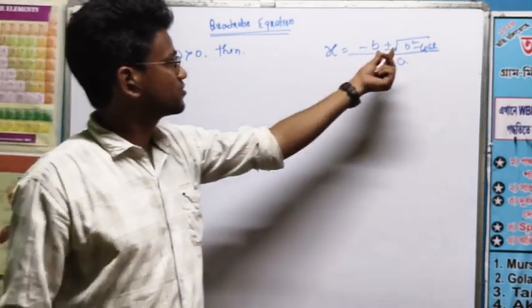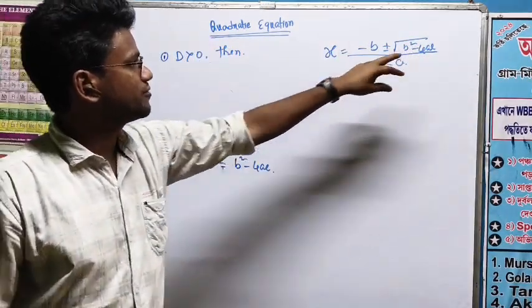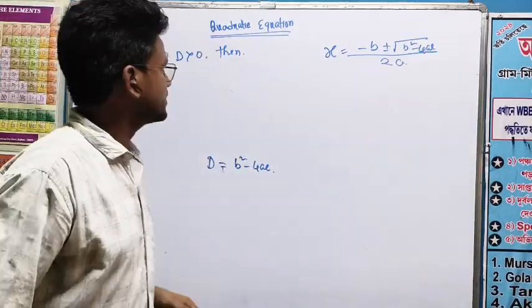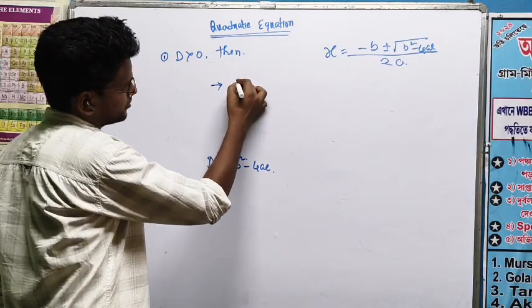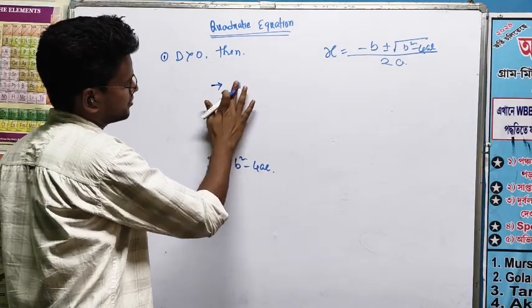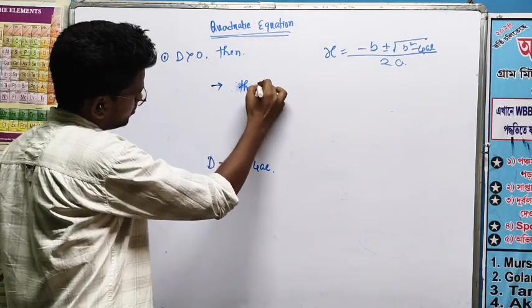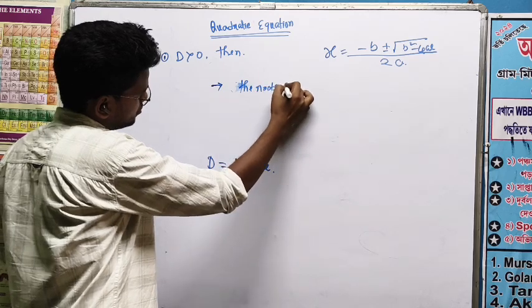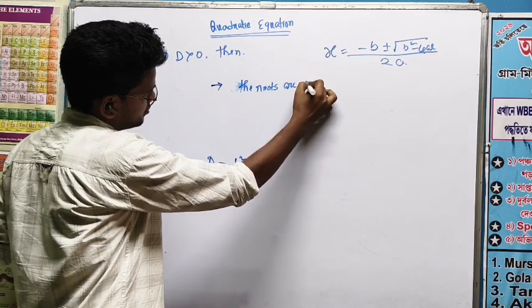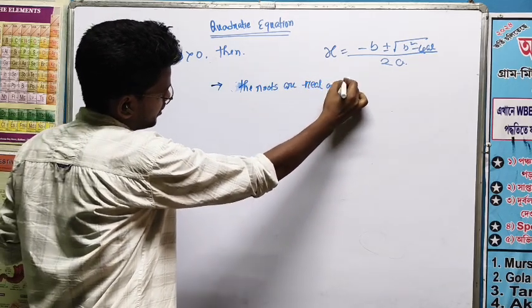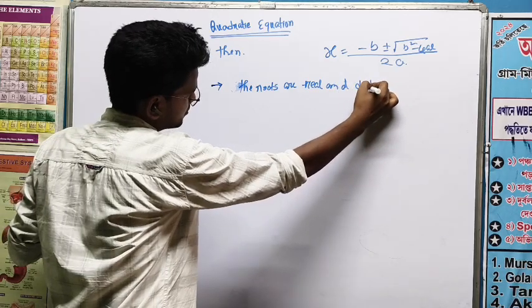So if D is greater than 0, then the roots are real and distinct.